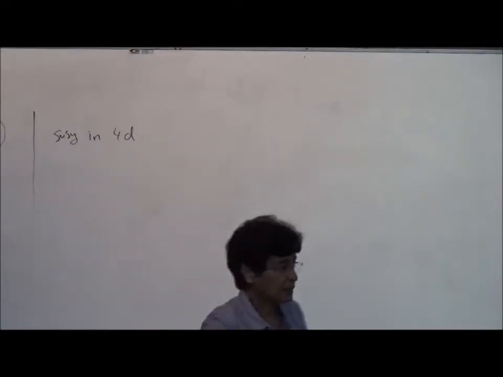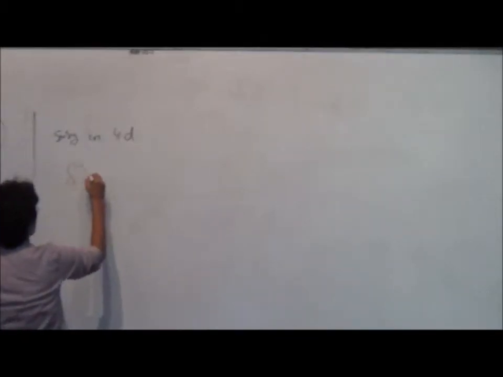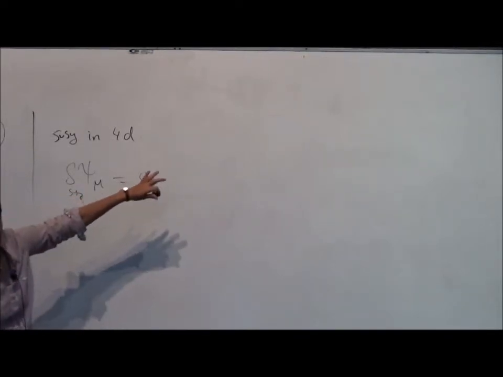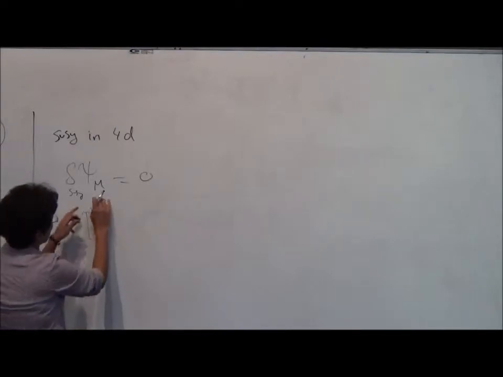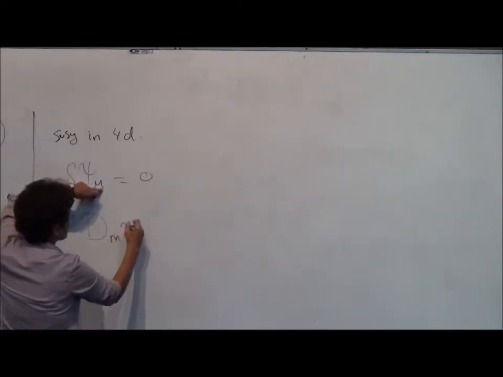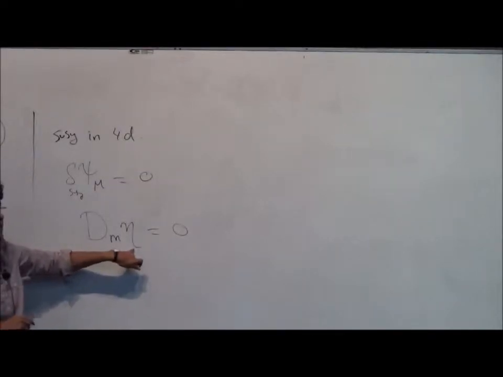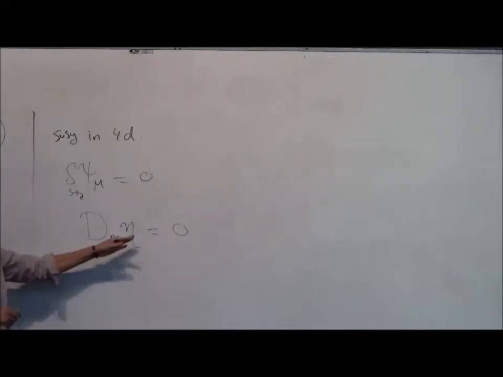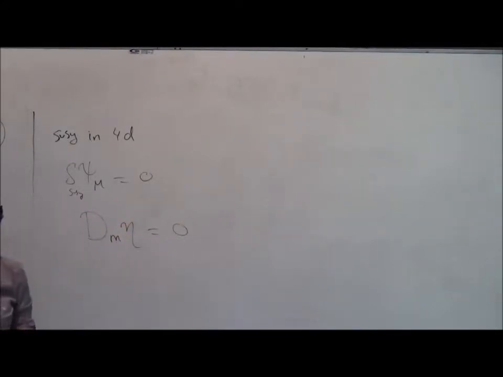In particular, you have seen that if you want the SUSY transformation of the gravitino to vanish, then if you look at the internal part, you need a condition like this, where eta is some spinor, the generator of the supersymmetry. This is the condition that you need covariantly constant spinors to have supersymmetry.